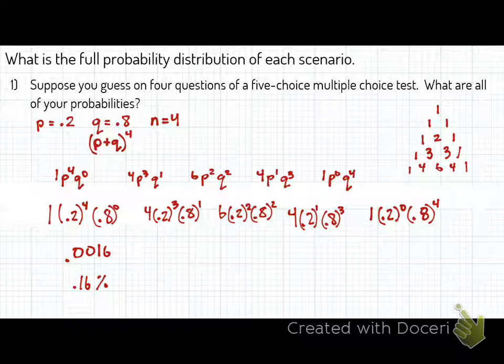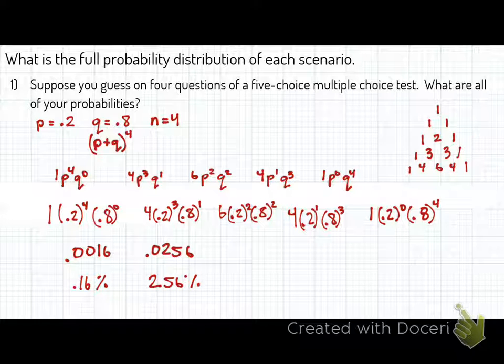Next one, let's do the second one. Clearing your calculator, 0.2 times 0.2 times 0.2 times 0.8 because it's to the 1st, and then times 4, and then we get 0.0256. Move 2 decimal places to the right, which is 2.56%.